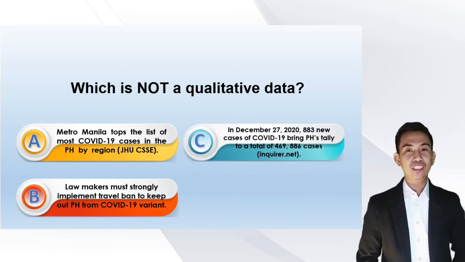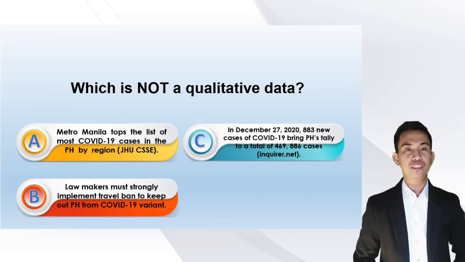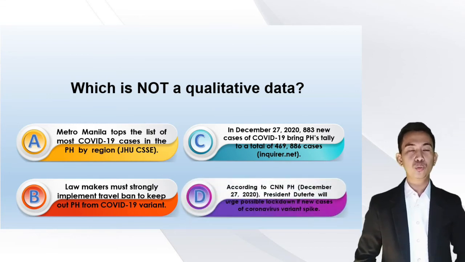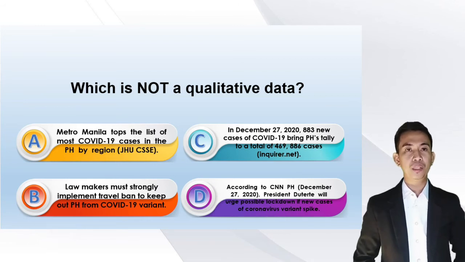C. In December 27, 2020, 883 new cases of COVID-19 bring Philippines tally to a total of 469,886 cases. Or D. According to CNN Philippines, President Duterte will urge possible lockdown if new cases of coronavirus variant spike.